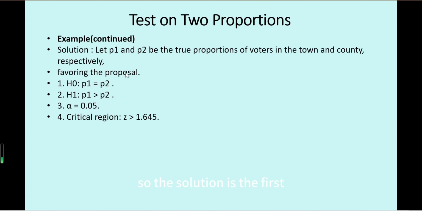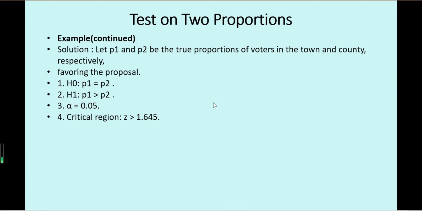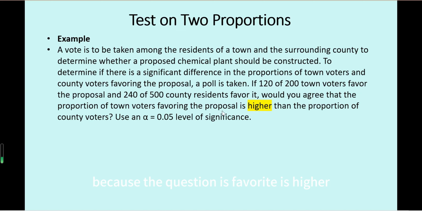So the solution is the first. We will let P1 and P2 be the true proportions of voters in the town and the country. And we establish the null hypothesis H0 is P1 equals P2. So this is the population parameter. And the alternative hypothesis is P1 larger than P2, because the question is favoring is higher.